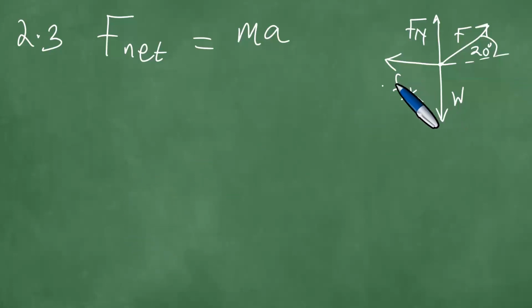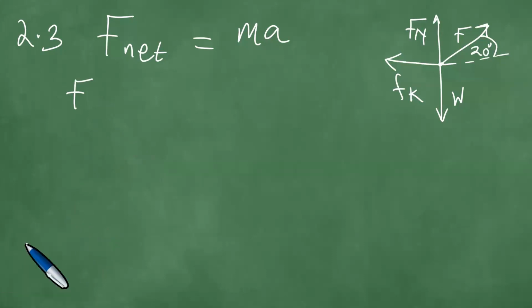And so the net force now would have to be in the direction of the motion, but also along the plane of motion. We shall discuss what that means. So at this point it means F cosine 20.